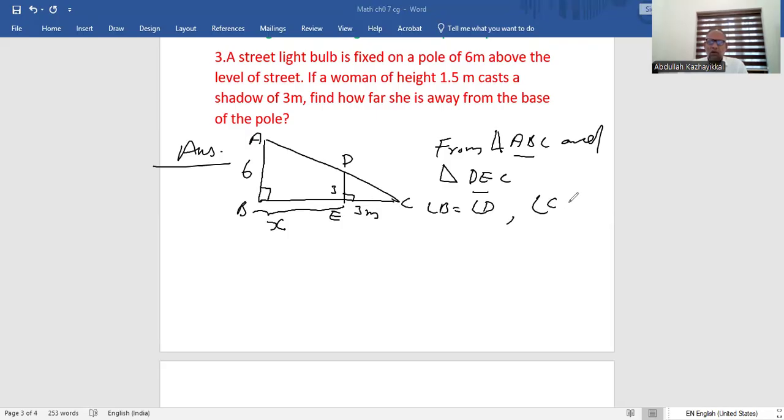Then angle C is common, angle C is equal to angle C. I think all of you understood the reason. Angle B is equal to angle D, that is 90 degree, and angle C is equal to angle C, that is common. Now the two triangles are similar. Triangle ABC is similar to triangle DEC, by AA similarity.